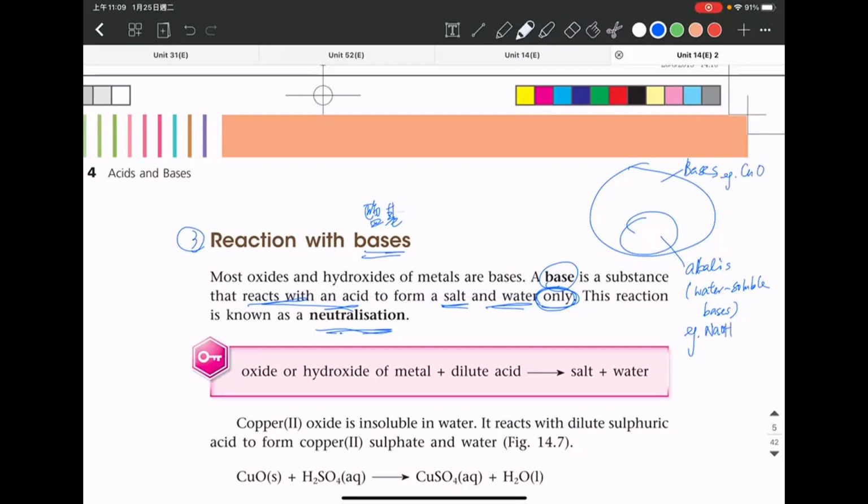Can you get my point? So this is the difference between a base and an alkali. They are quite similar, but in terms of concept, they differ in solubility. An alkali is water soluble, while a base can be water soluble or water insoluble. Do you understand?